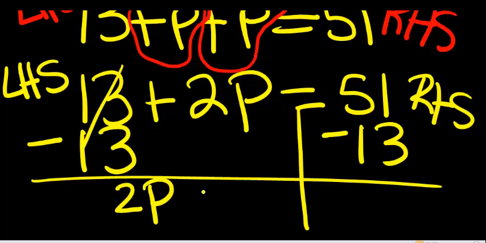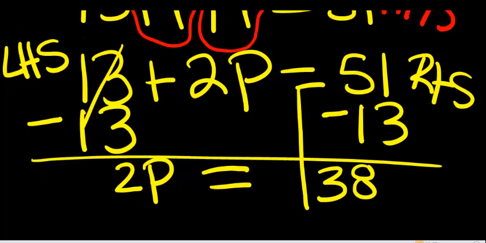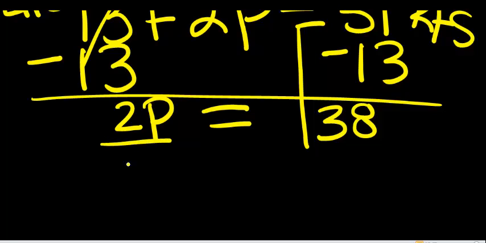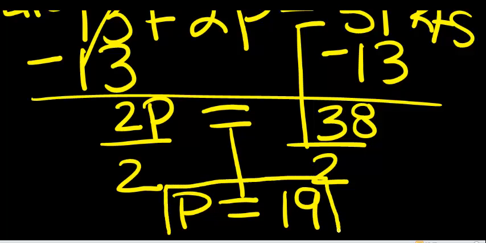I have 2p is equal to 38. But I don't want 2 of p, I just want p. So I'm going to divide each side of the equation by 2, so p is equal to 19.